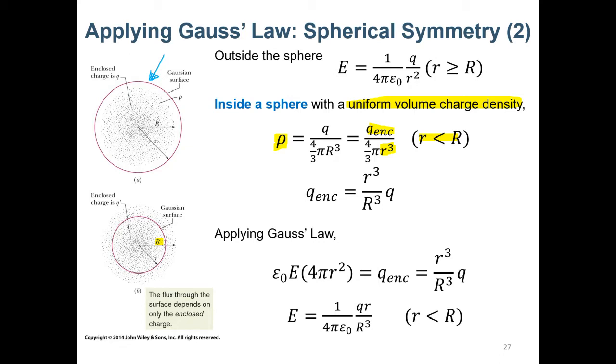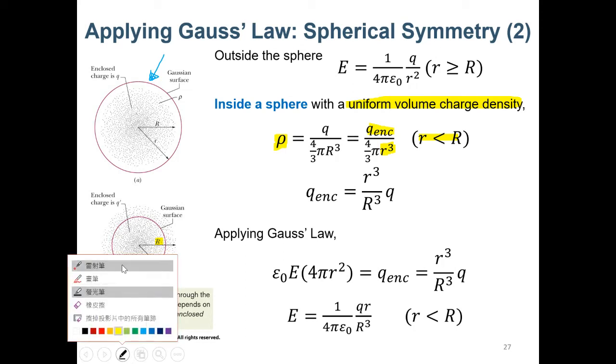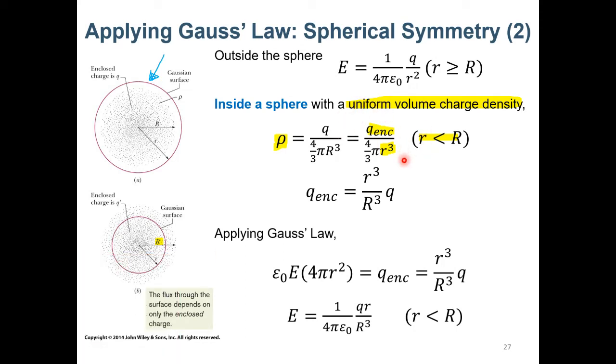It is uniform, so these two should be the same. So we have Q enclosed equals Q times small r cubed over capital R cubed, and the 4/3 pi cancels. So Q enclosed depends on the distance from the center.